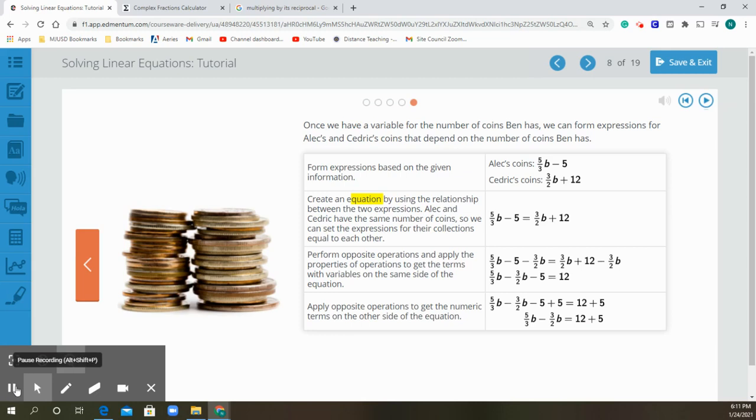Oops, at some point I didn't hit the recording button, so I'm hoping I'm at this step where it says apply opposite operations. If I messed you up, I really apologize.